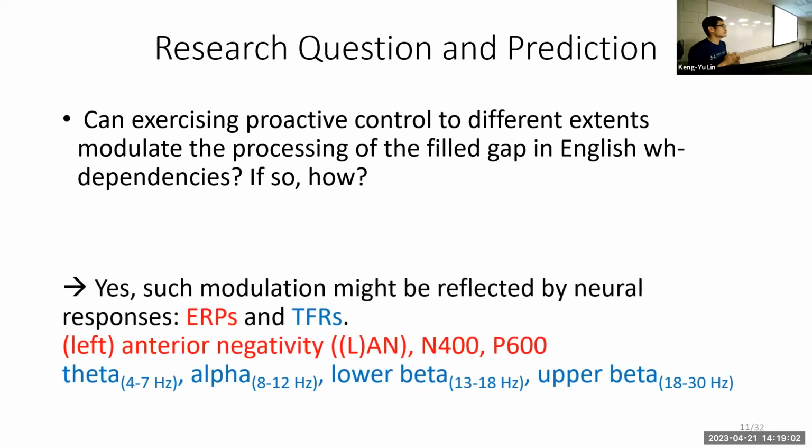So our prediction is yes, and the modulation can be reflected by neural responses as measured by ERPs and TFRs. TFR stands for time frequency representation. We are focusing on brainwave components like left anterior negativity, N400, and P600. And for the time frequency representation, we are focusing on theta, alpha, lower beta, and upper beta frequency bands, all right?